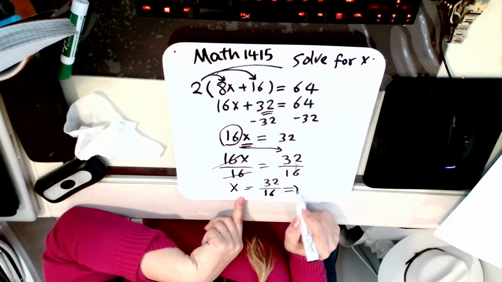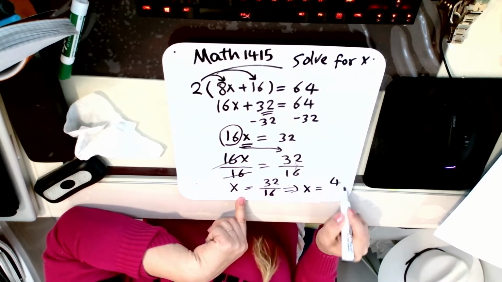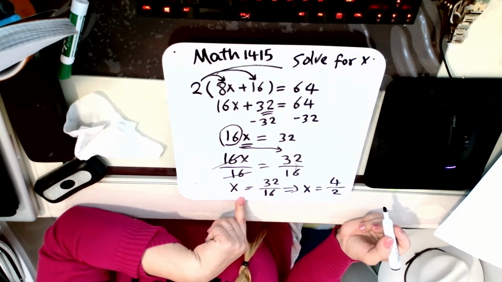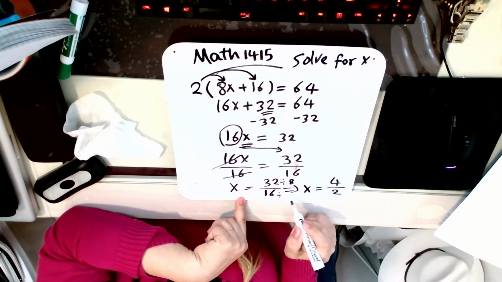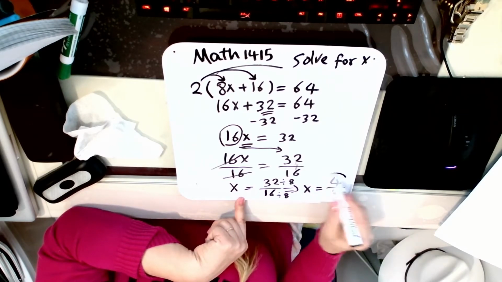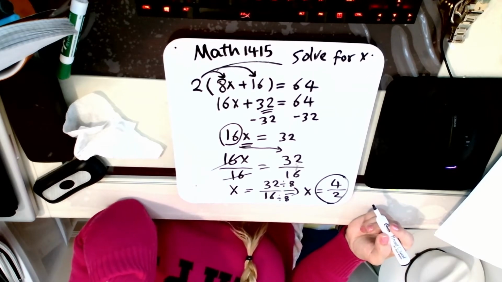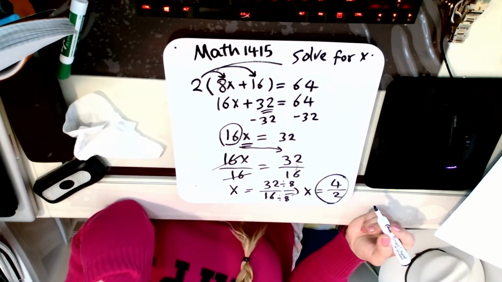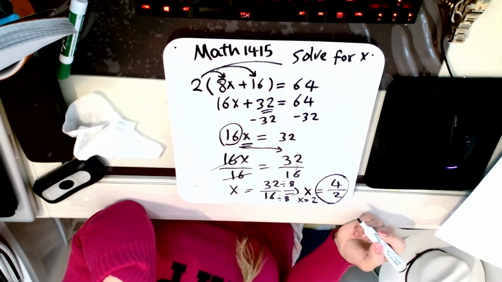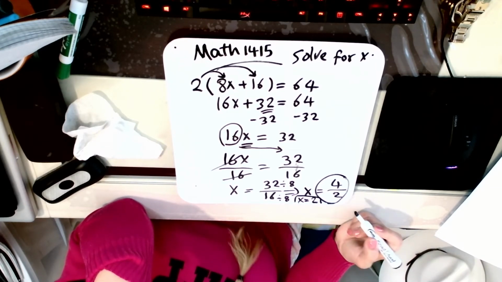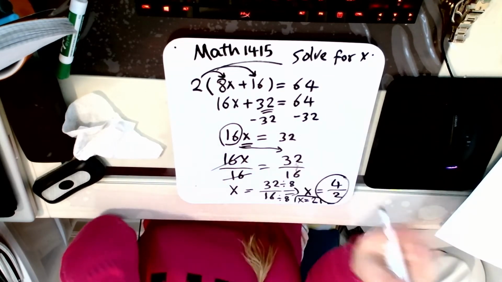So you can simplify: x equals 4 over 2, divided by 8. Four divided by 2, x equals 2. So this is the answer. Good.